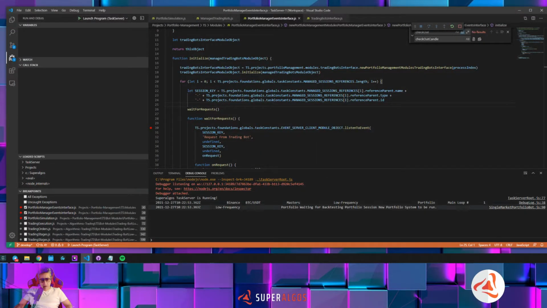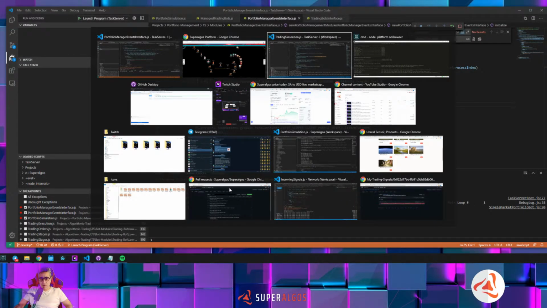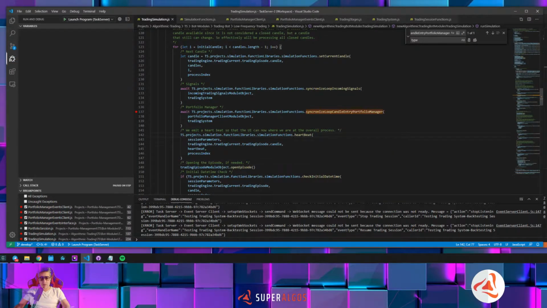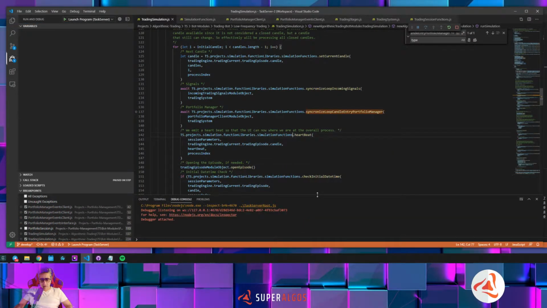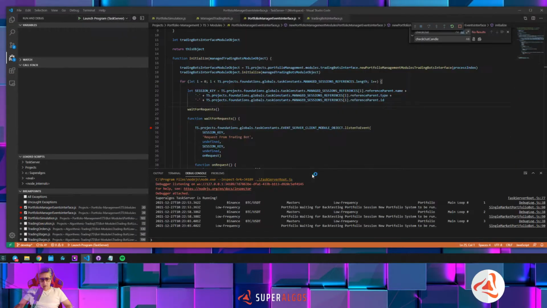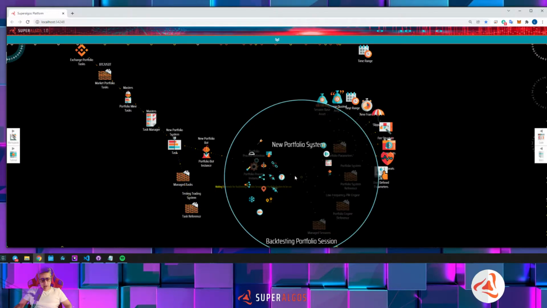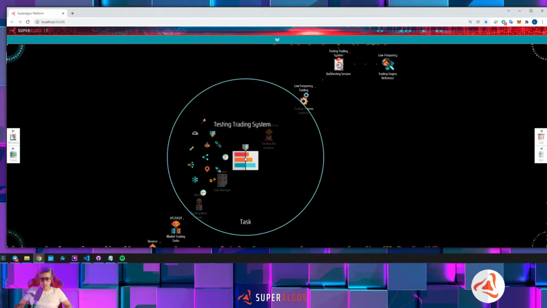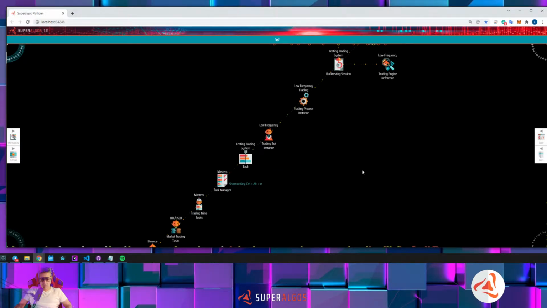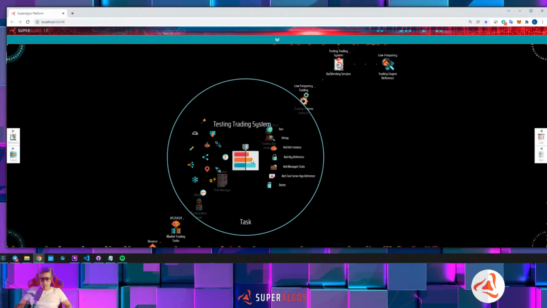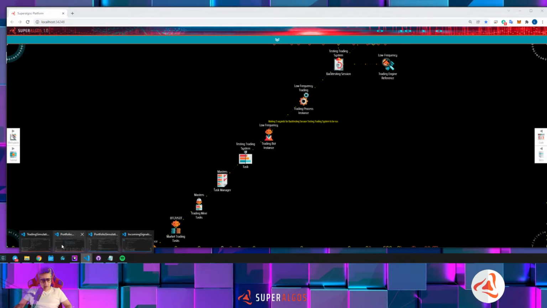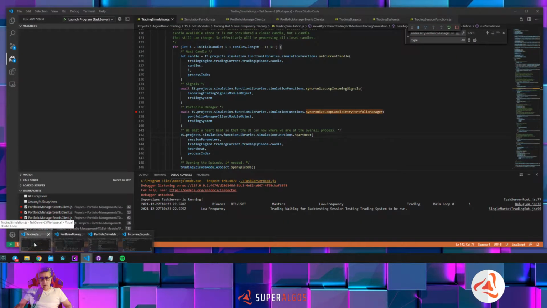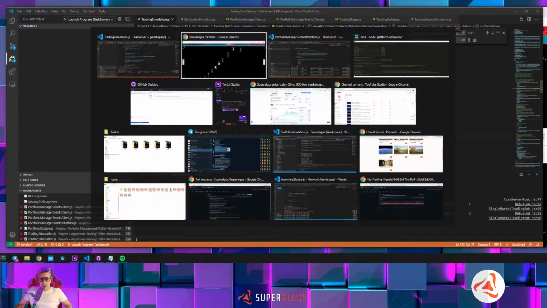And once this is running, then you go and run number 2. Then you can come back here and you can debug. So this will get us to the trading bot running, and now we can run.